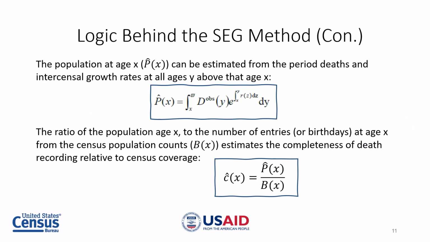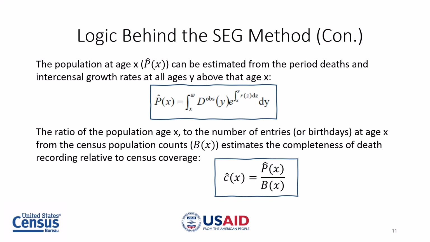The population at a given age X can be estimated from the period deaths at all ages Y above that age X by applying exponentiated sum age-specific growth rates from age X to age Y to allow for the demographic history of the population.